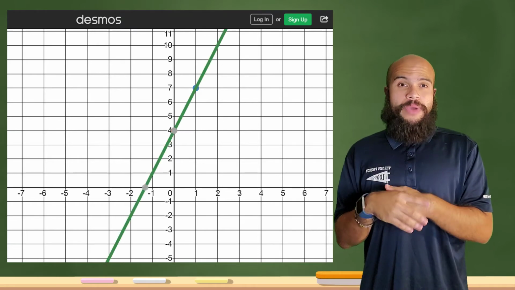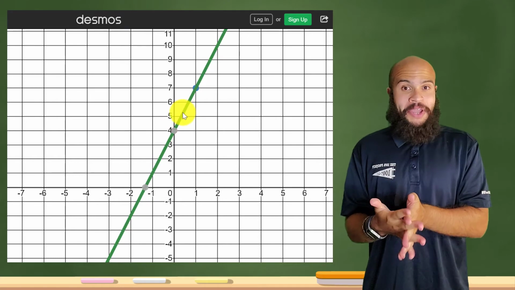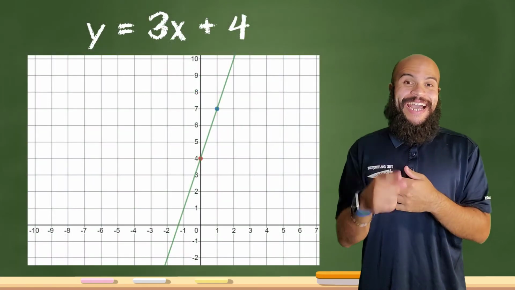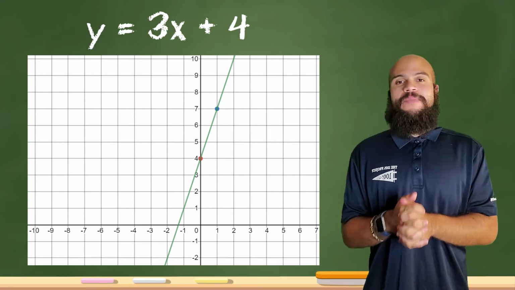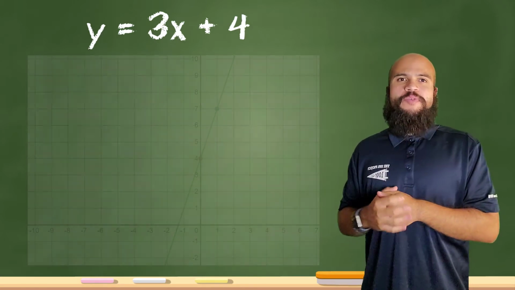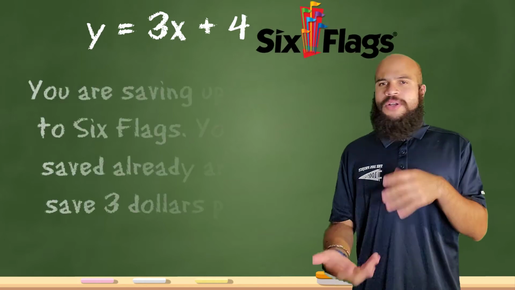Since you only need 2 points to create a line, I can connect these points, and I've successfully graphed an equation in slope-intercept form. It is that easy. As you practice, you'll be able to graph equations in slope-intercept form in less than 10 seconds.